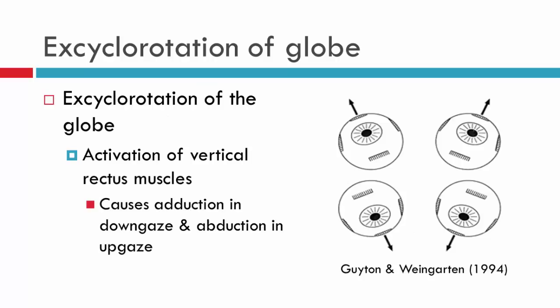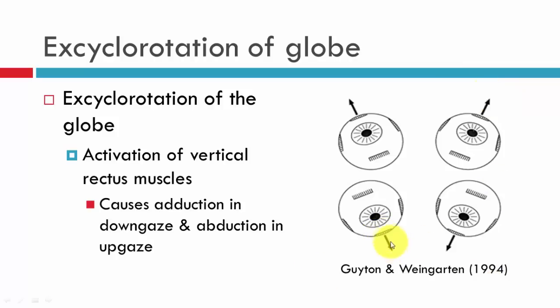And we can see this a little bit more clearly in the images by Guyton and Weingarden. Here we can see that the displacement of the superior rectus in this image and here is causing abduction in elevation. So the excyclotorsion is causing this displacement of the superior rectus with abduction in upgaze.